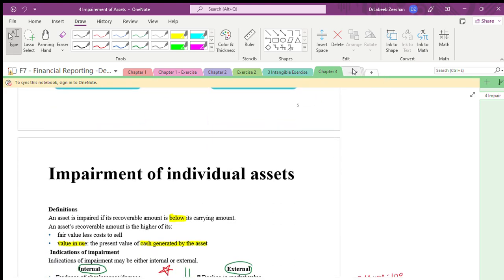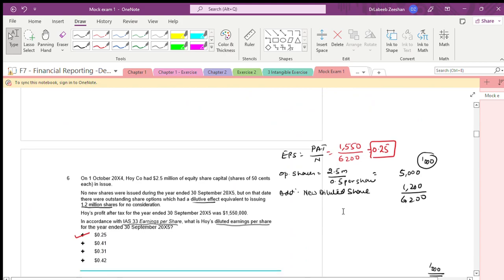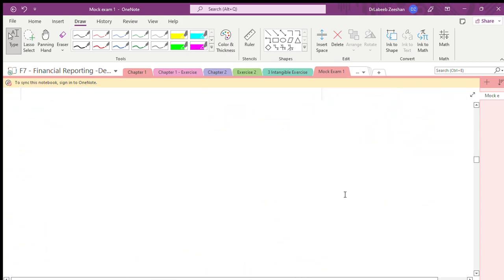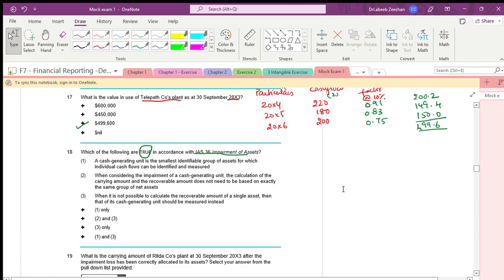What are they asking us? Which of the following are true in accordance with IAS 36? Impairment of a cash generating unit is the smallest identifiable group of assets for which individual cash flows can be identified and measured.